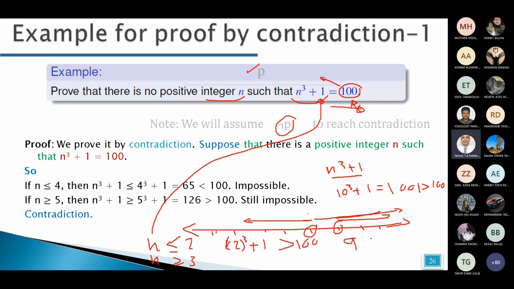But 9 is less than 100, so it cannot actually equal 100. So this is impossible. And we take 3. 3 to the power 3 plus 1 must also equal 100, yes? Because we gave the rule here. But this one equals 28, which is also less than 100.